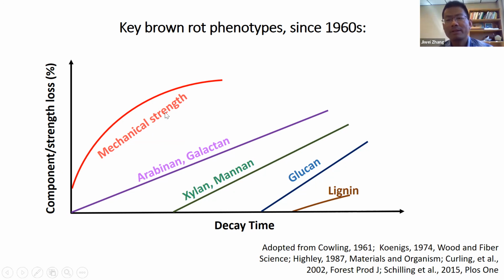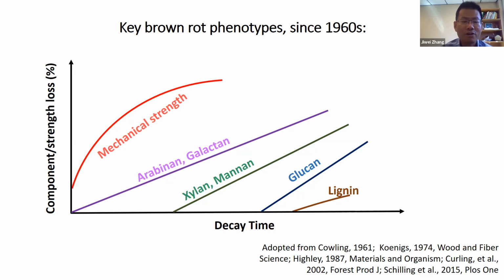If you find a brown rot problem at your home, it's going to be a big problem, because these fungi can quickly cause mechanical strength loss, meaning they can quickly depolymerize your wood building structures without eating the carbohydrate.